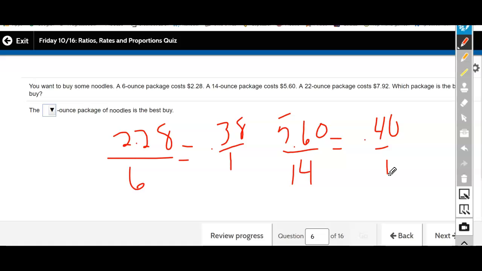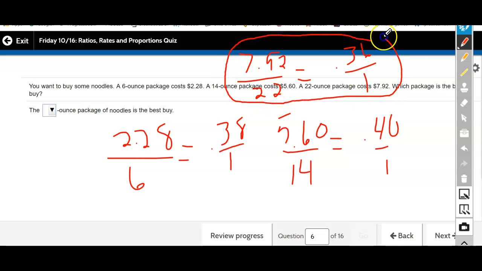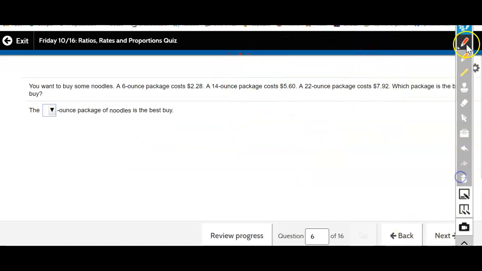And then the last one, you just go 7.92 over 22. And what's that one? 0.36. So it's 36 cents per ounce. So which one's the best buy? This one is the cheapest.